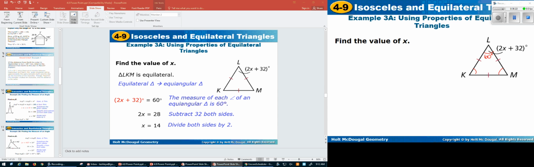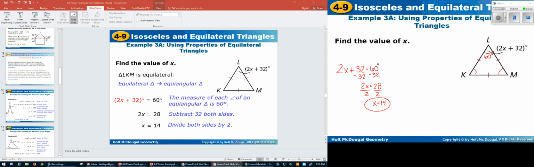So then you can just write that equation. 2x plus 32 equals 60 degrees. And then solve. So we would subtract 32. So 2x equals 28. Divide by 2. What is x? 14. And that's all they asked you to find, right?